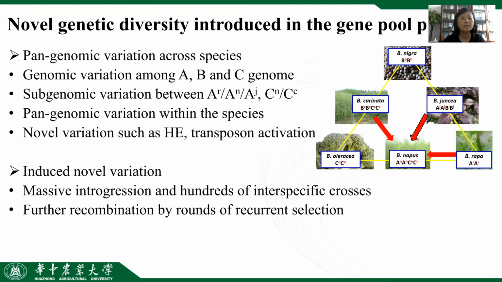So in the novel gene pool, we introduced a lot of novel genetic diversity. First is the pangenome variation across species, the variation among the A, B, and C genomes, the subgenomic variation between the different A and C genomes, and the pangenomic variation within species, for example within Rapa and Carinata. There are also novel variations such as transposon activation and homoeologous exchange.